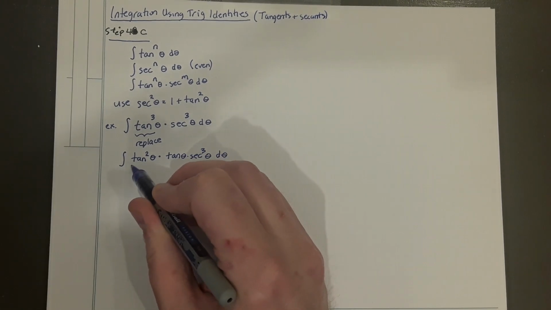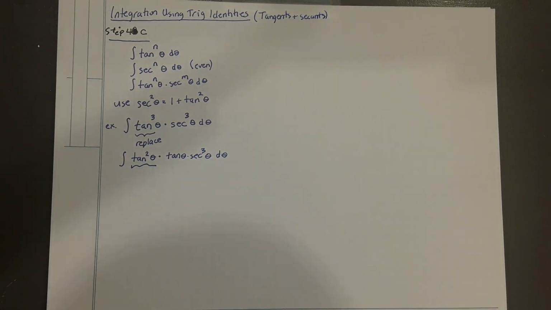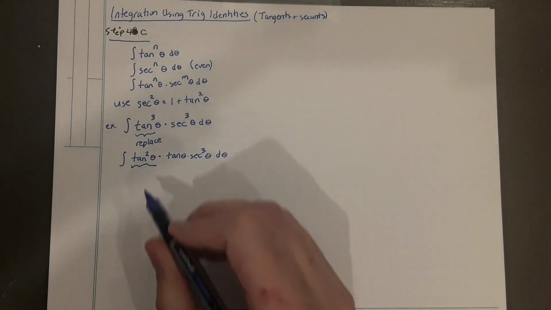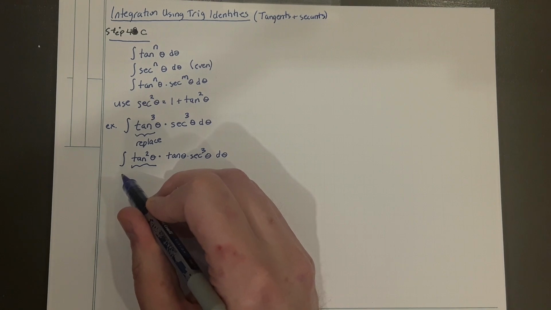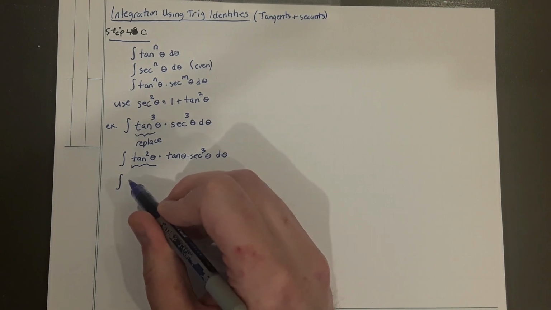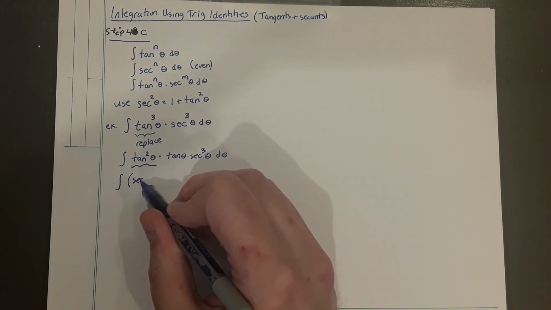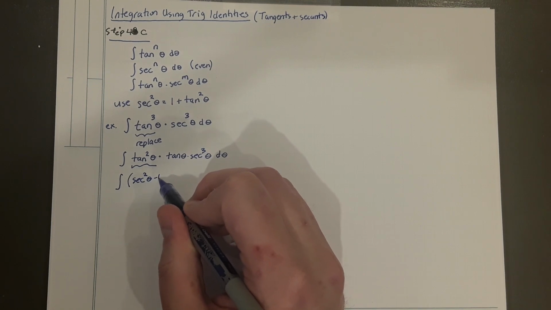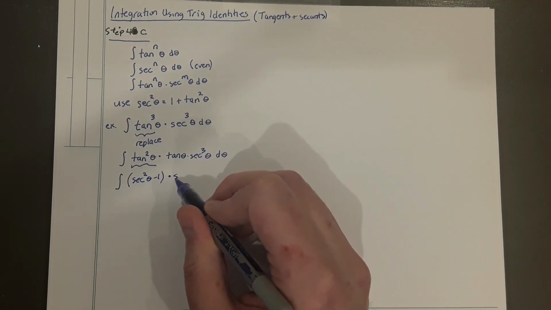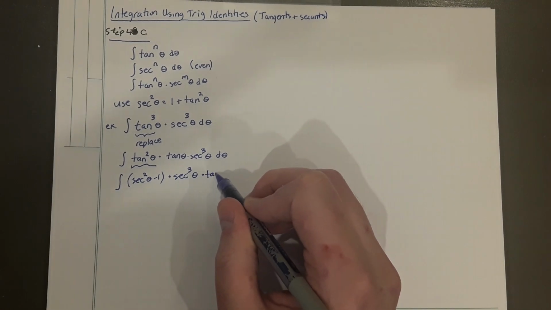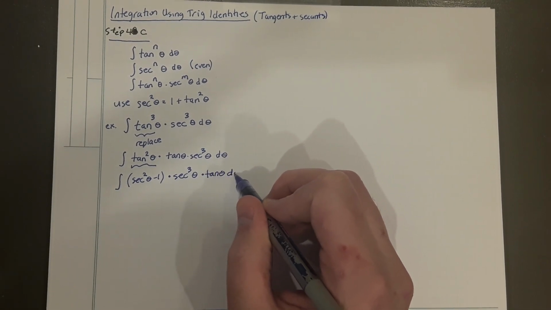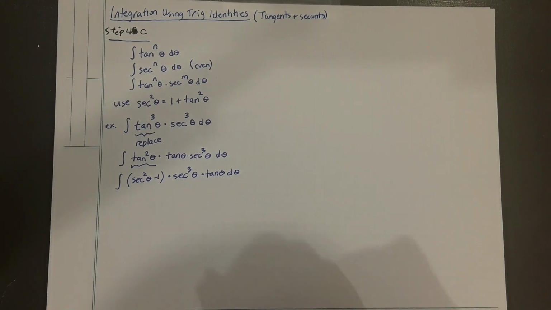and you replace inside the cubic function for that tan squared, replace that with secant squared minus 1. I'm writing the tangent function on the end.